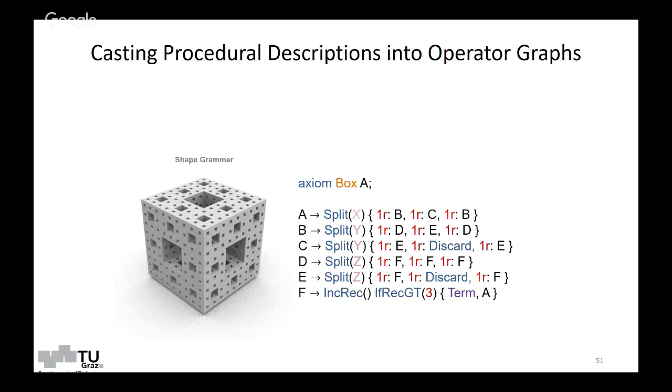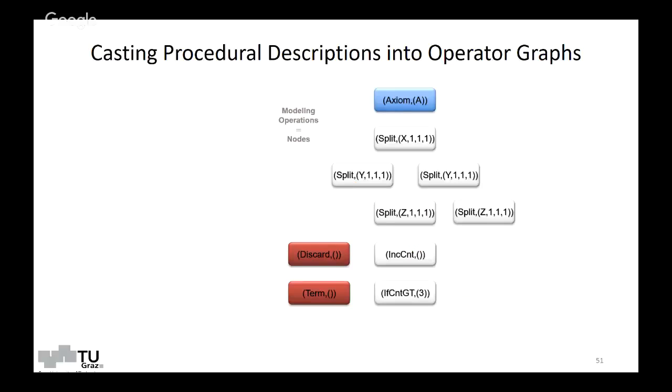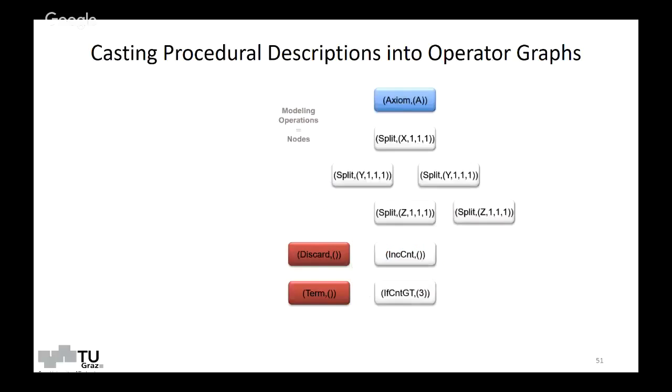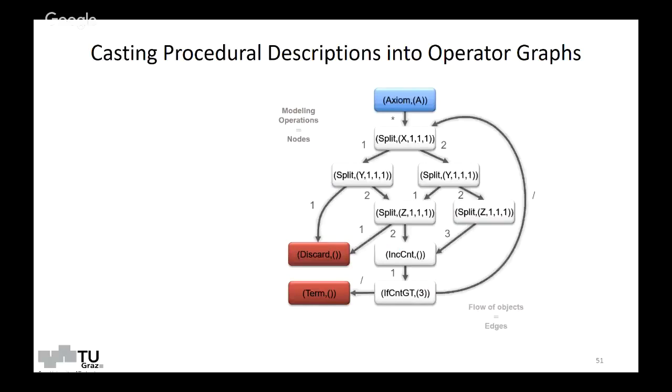And in this way, we can then discard intermediate elements, and you get this shape here if you call that recursively, and this is called the Menger sponge. So you can see that with just a really simple setup, you can generate more complicated objects. And then we would take these individual operations. They become nodes in the graph, and the way objects flow through this graph would be the edges in the graph.